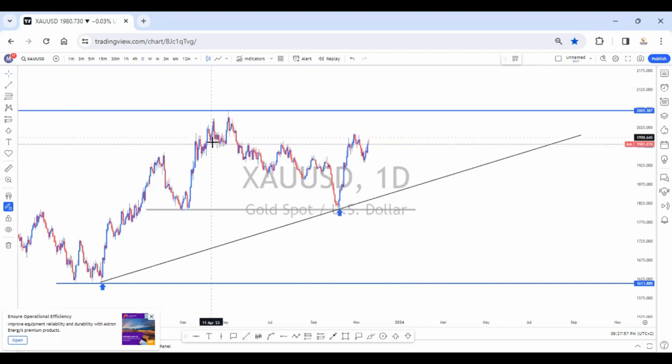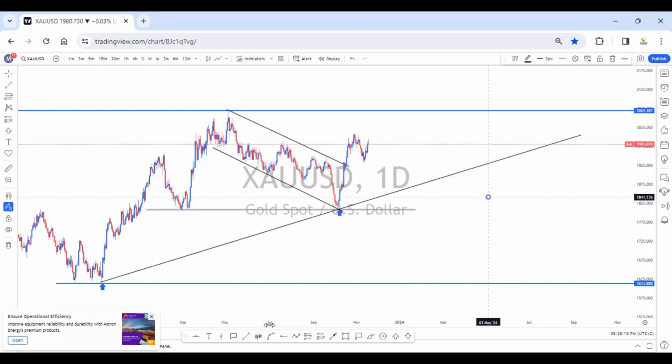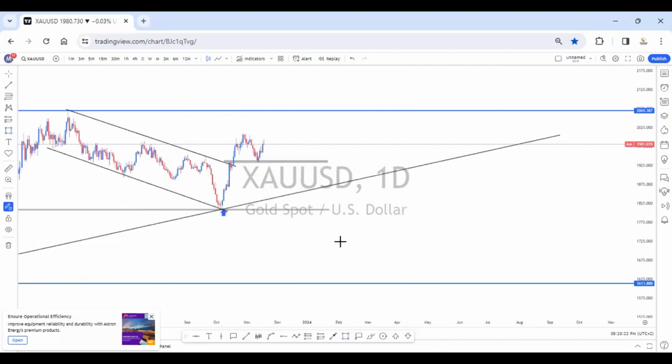And then I have a deeper correction here. And then at the same time, you realize that we have a breakout and retest on the daily time frame.